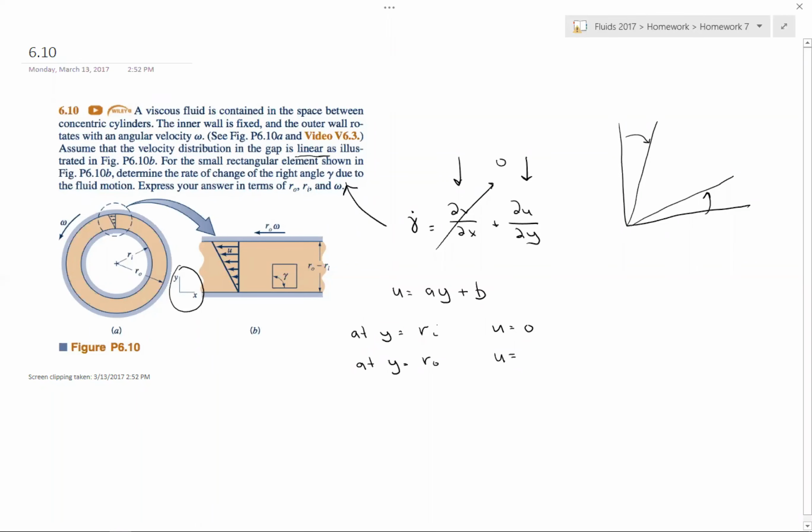And so when we put these into our equations right here, and this is something you should take a look at because it makes your life a lot easier. So we know that 0 equals a times ri plus b, and we know that negative omega r0 equals a r0 plus b.